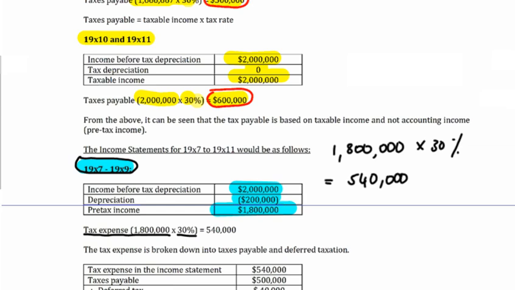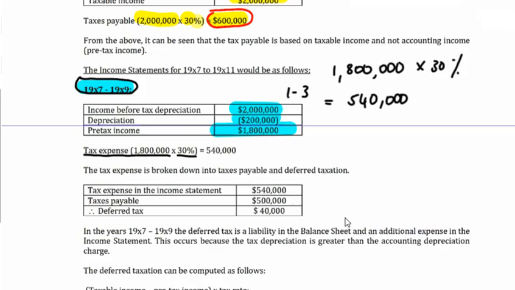And now this is the whole crux, guys, for years 1 to 3. This is the crux. What we now say is that the accountants say you should have paid tax. Listen to the words. You should have paid tax based on 540,000, because that's what we say your income is.